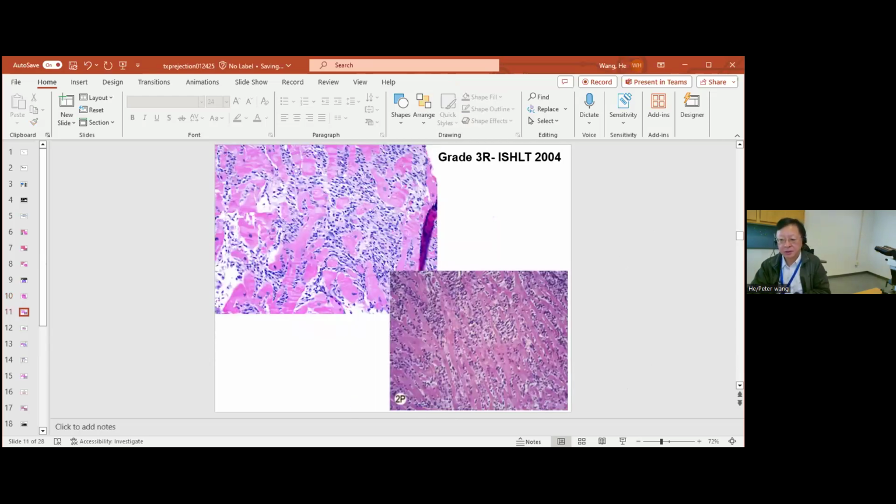So this is in sharp contrast to 3R, because 3R is something that definitely needs clinical management. This is what 3R looks like here. You can see in the interstitium, you have a lot of cardiomyocytes. Each side, you can see cardiomyocyte damage.